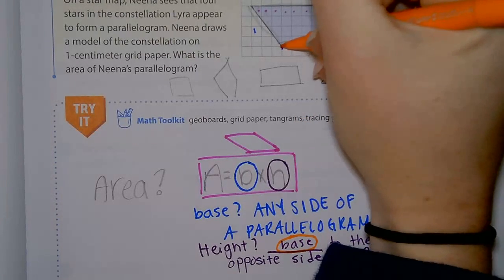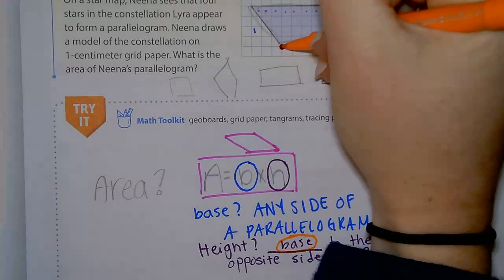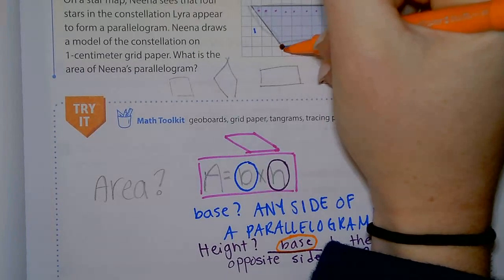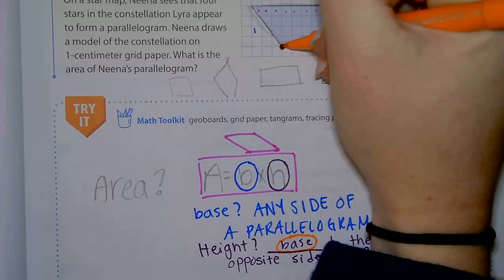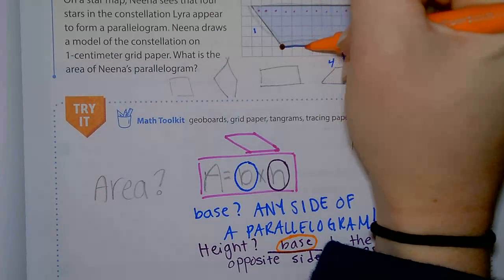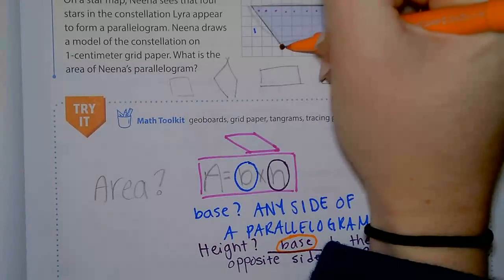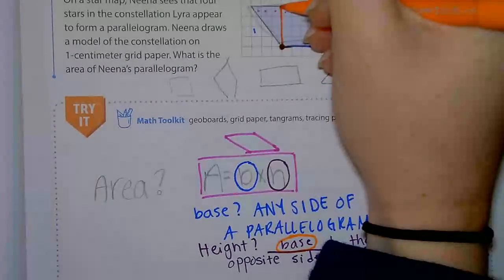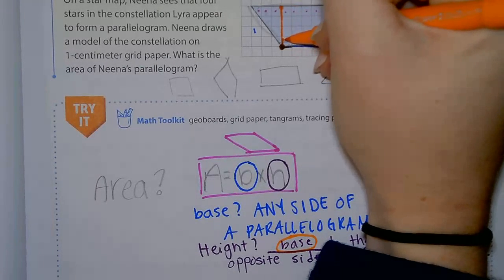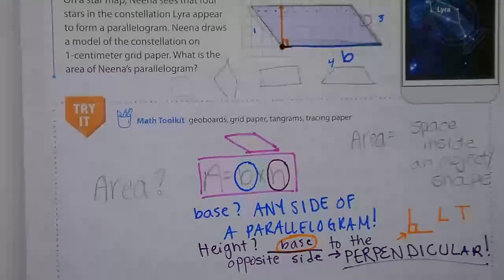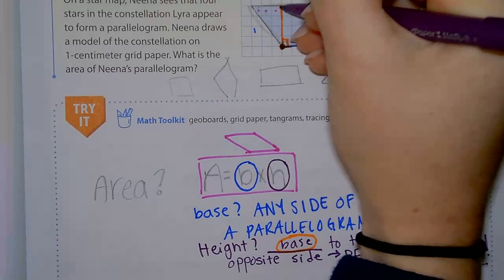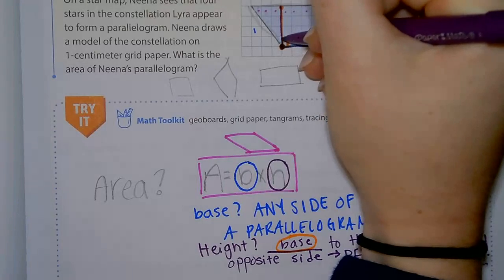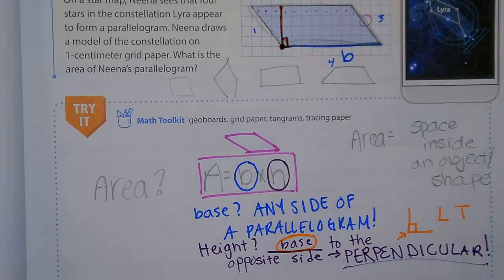If I was going to start right here on my base and make a perpendicular line, I know that this line is going perfectly horizontal, so to make it a 90-degree angle, I'm going to go straight up from here. I can see my 90-degree angle. Sorry, I told you my height would be purple. Let me change that. Orange for perpendicular, purple for height. Here's my height.